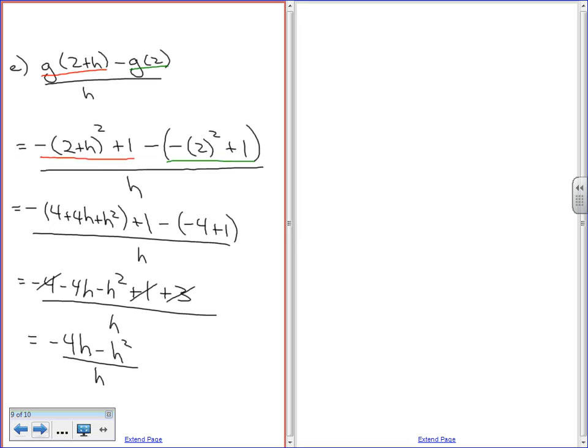It has 3 terms, and each one of those terms has a what? Okay. H. So I can take out a factor of h out of each one of those terms. Okay? I can divide this term by h, I can divide this term by h, and this term by h, leaving me with negative 4 minus h over 1. So that's the final simplification. Make sense?